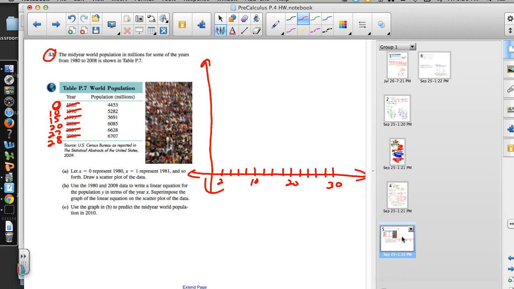All right, then world population, I'm going to put the little jagged edge in the corner there and just do this really generally. 4,000, 5,000, 6,000, 7,000. And so this is our population in millions. And this is years since 1980.